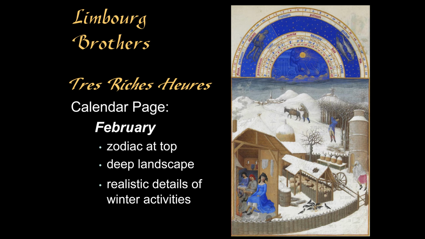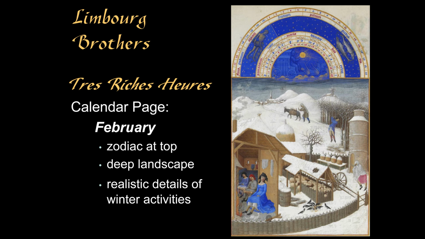Now, if you look at the scene, this really is a marvelous scene about the activities that go on during February when it's really cold outside. And I think you can see that these are quite prosperous peasants because they do have fire. Not everybody could afford that.